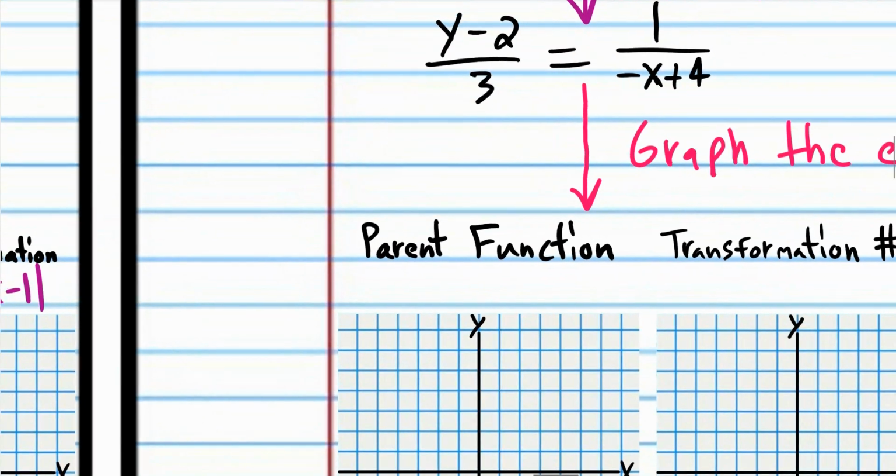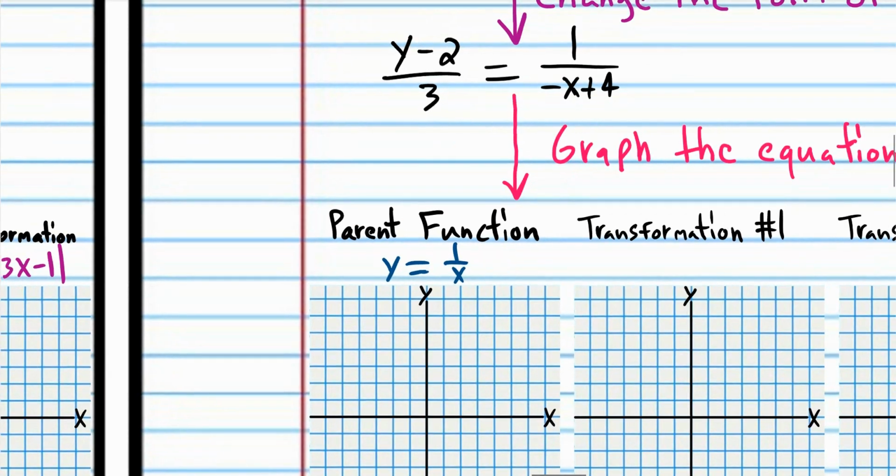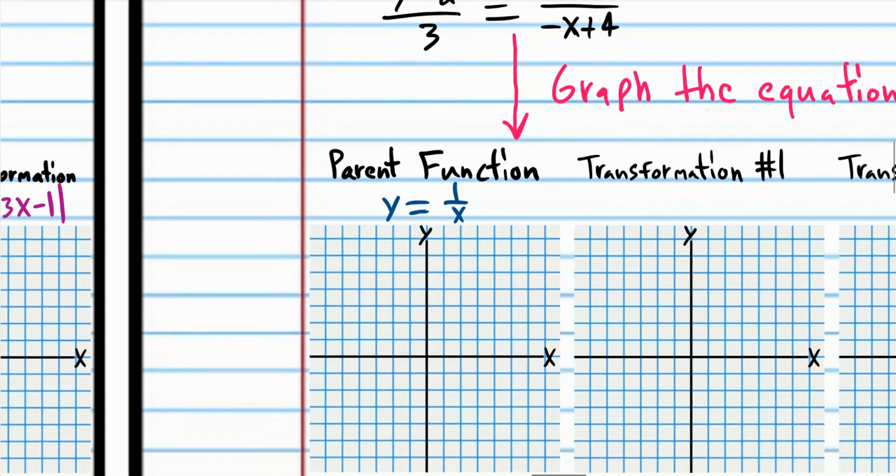And the parent graph is the reciprocal parent function. And of course we have our 6 reference points, and we have 2 asymptotes. You've drawn this many, many times. This is just our starting point.